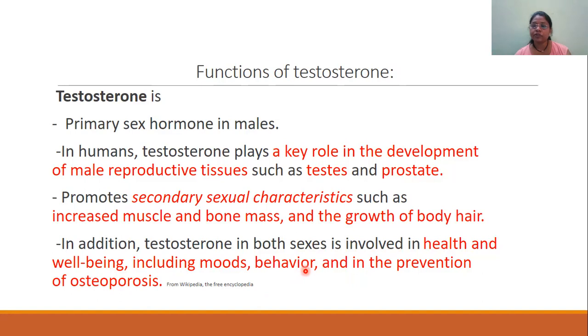Between the two seminiferous tubules, there is connective tissue, and that connective tissue contains Leydig cells. These Leydig cells are responsible for the secretion of the male hormone, testosterone. And inside the seminiferous tubules there are cells called Sertoli cells, and these are responsible for the development and nourishment of the developing sperms.